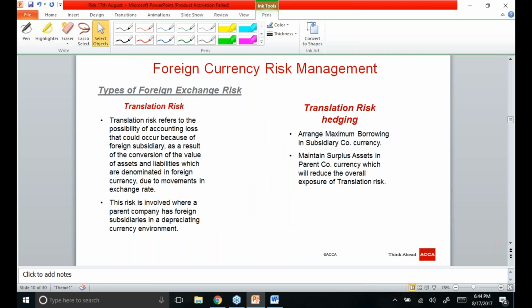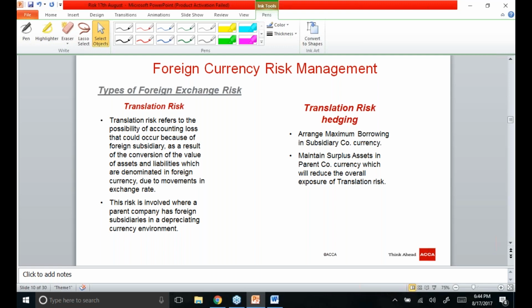What is translation risk? Obviously, we know from the P2 chapter that whenever you have a subsidiary, you have to consolidate that subsidiary with your accounts. The parent company, which has invested in a subsidiary, will have to consolidate the financial statements of the subsidiary company with its own financial statement.